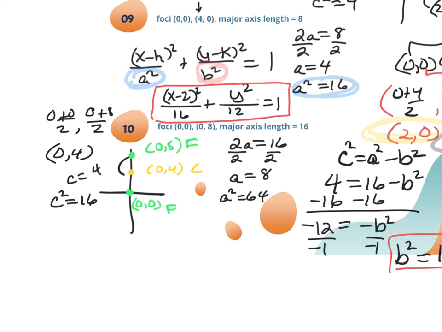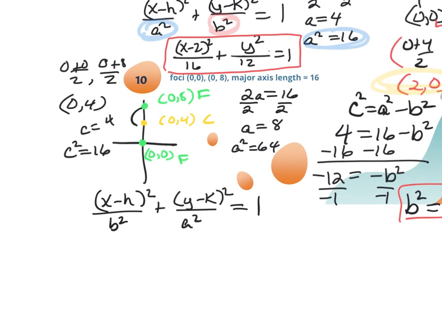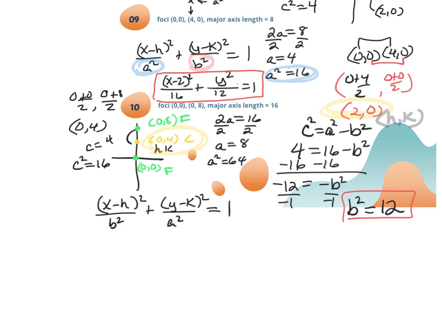So the standard form that I'm using is going to be X minus H squared plus Y minus K squared. My major axis was vertical, so the A squared goes here, the B squared goes here, and it equals 1. I'm going to fill in my H and K, which is my center, my B squared, which I found over here to be 12, and my A squared, which is 64.